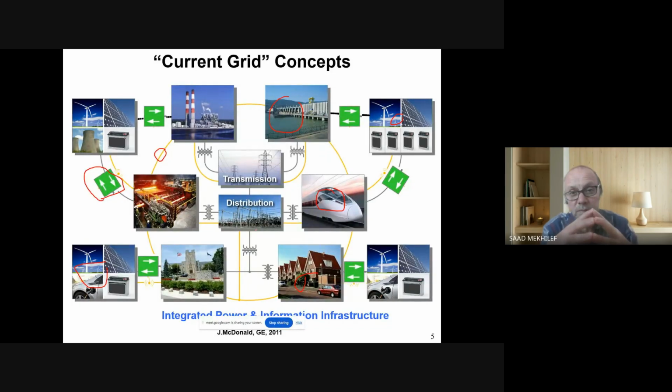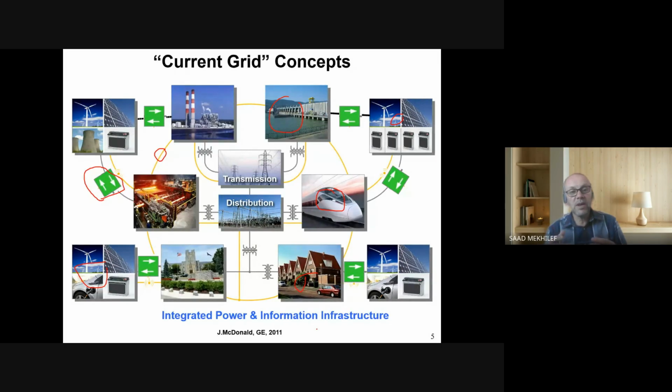What does V2X mean? V2V is electric vehicle to electric vehicle, V2H is vehicle to home, V2G is vehicle to grid, V2MG is vehicle to microgrid, V2L is vehicle to load. So you can have not just one but many sources, and that will be the trend in the future. The future will be moving more into power and data.